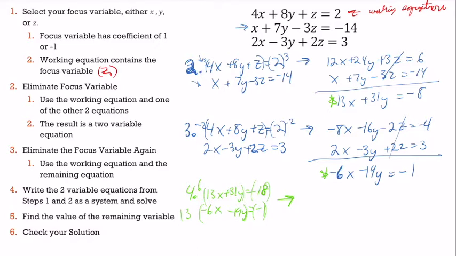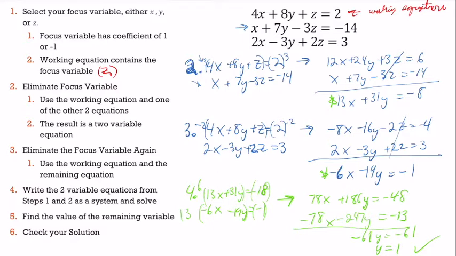So I have 78x plus 186y equals negative 48, and negative 78x minus 247y equals negative 13. I add those together and I get that negative 61y equals negative 61. So y equals 1. Awesome, I have found one of our values.